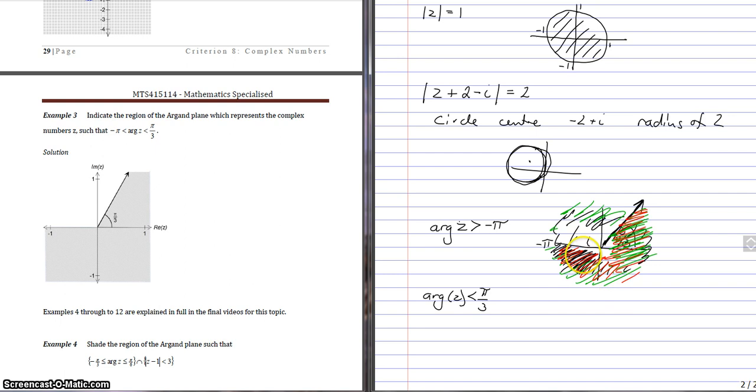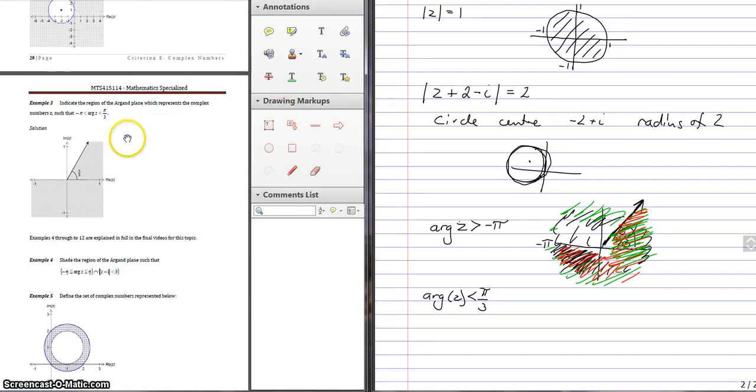Now I can see there's a bit of a problem. What we really need on there, and you'll need to correct that, is that this line here should be dashed.